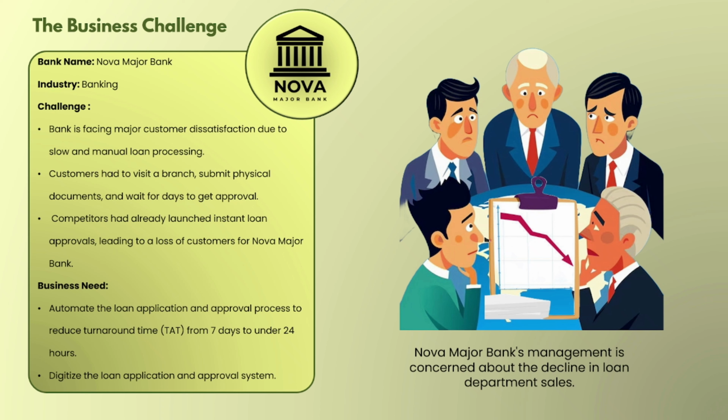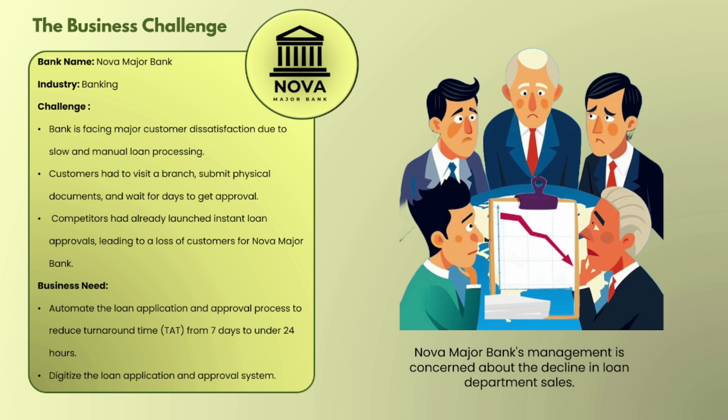So the business need comes: automate the loan application and approval process to reduce turnaround time, that is TAT, from 7 days to under 24 hours. Means within one day they are targeting loan approval. For that, digitalization of the loan application and approval system. So this need comes on the basis of challenges or problems faced by the business.